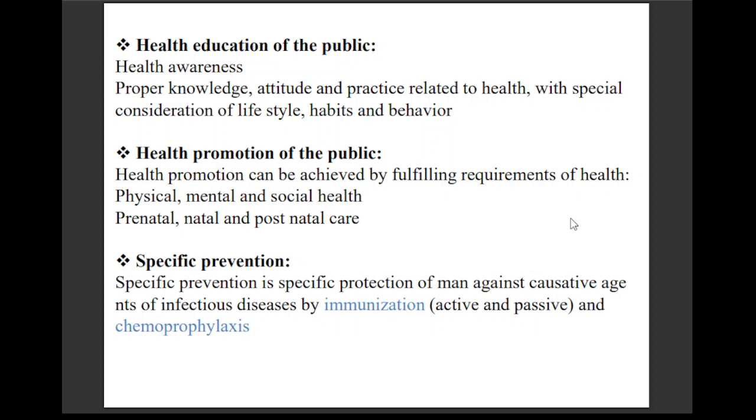Health promotion can be achieved by fulfilling the requirements of health: physical, mental, social health, and prenatal, natal, and postnatal care. Generally, we can see that women in remote or rural areas, or in areas where there is scarcity of food, may not have proper nutrition. So this type of care can be provided.